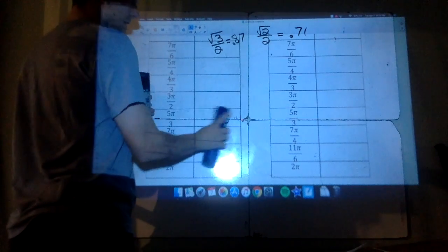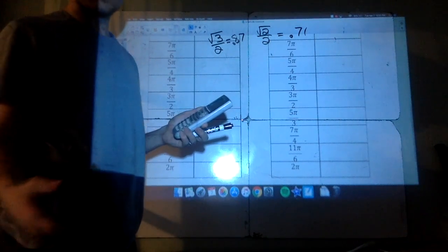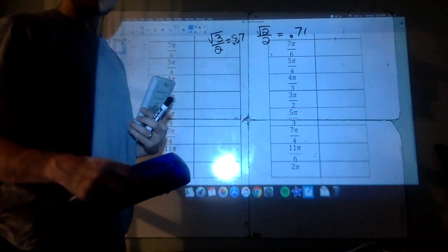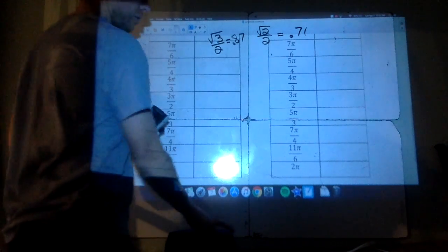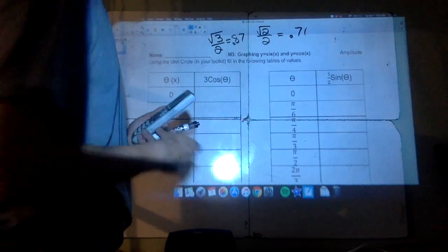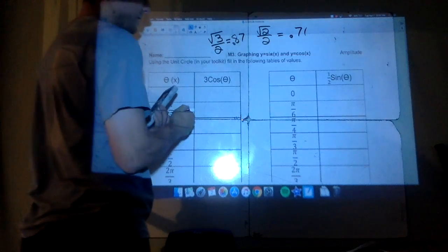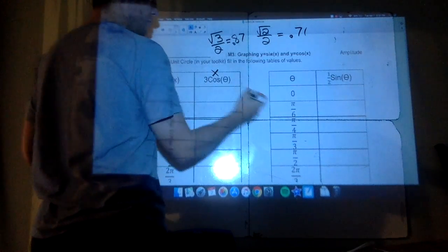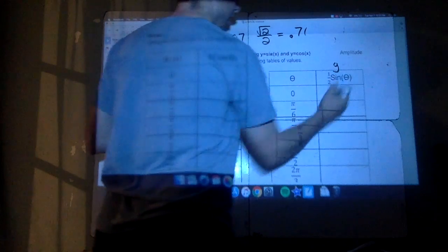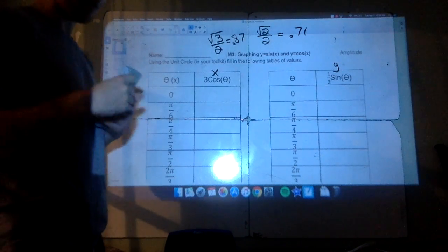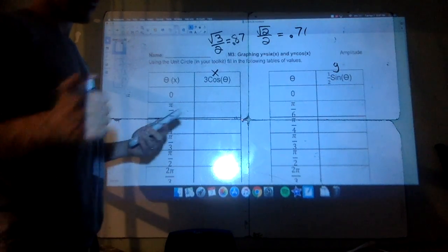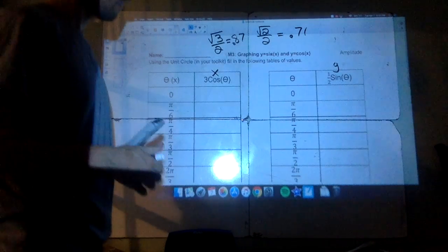If you don't, you can Google a blank unit circle and work on filling it out to the best of your knowledge. The most important thing to know here is cosine is the x value of each point, and sine is the y value. So pause the video, fill in that table, and then unpause when you're ready.